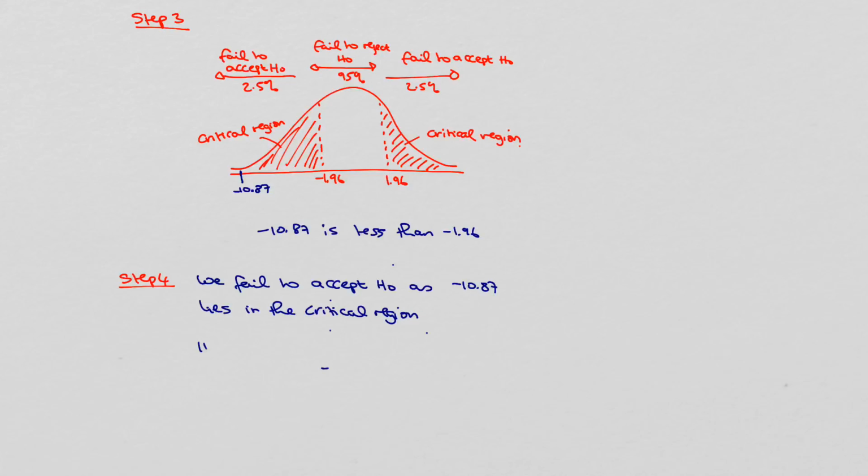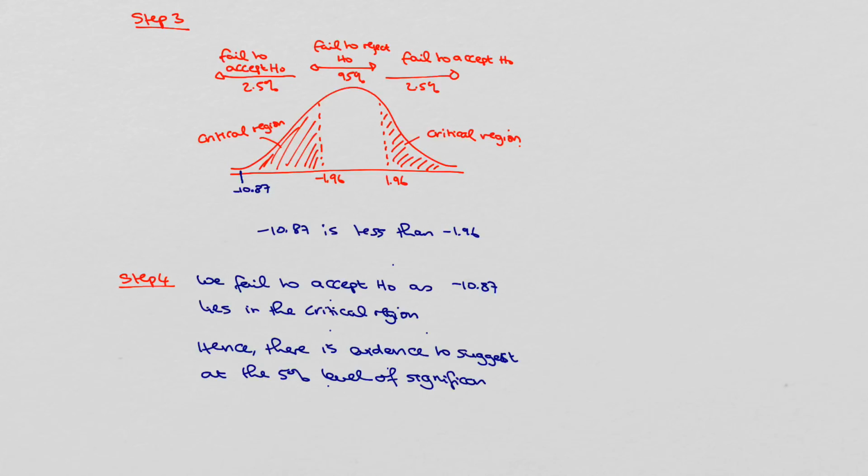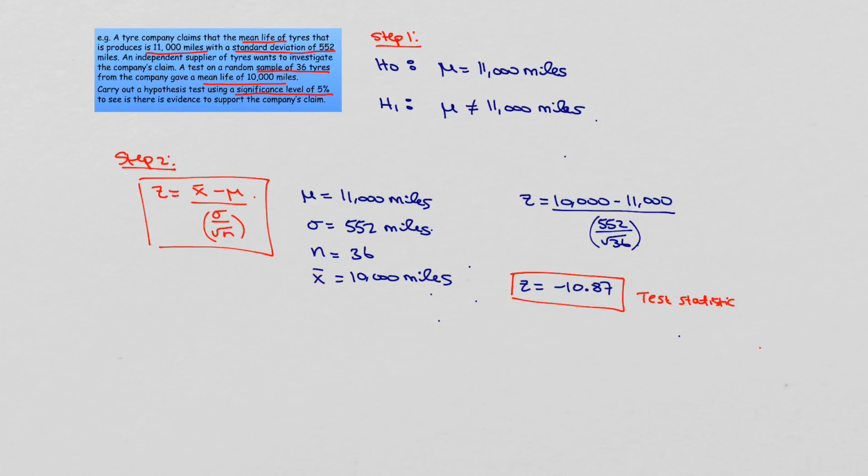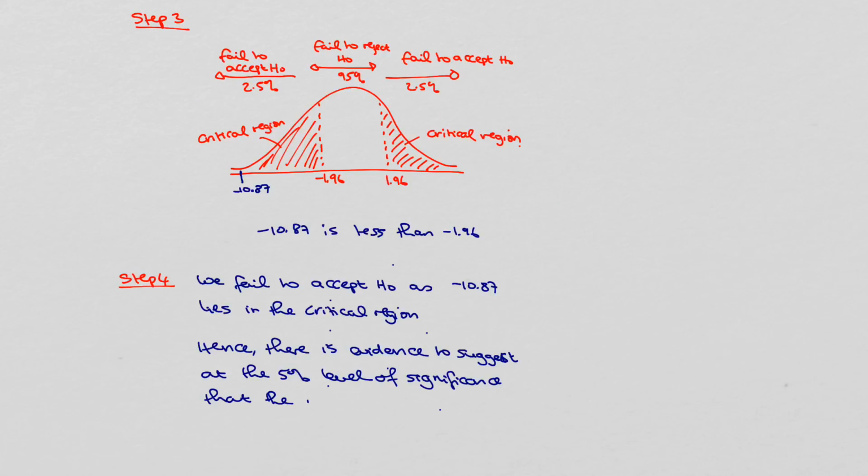And we make our conclusion. What does this actually mean? So we say, hence, there is evidence to suggest at the 5% level of significance that the mean life of tyres has changed.